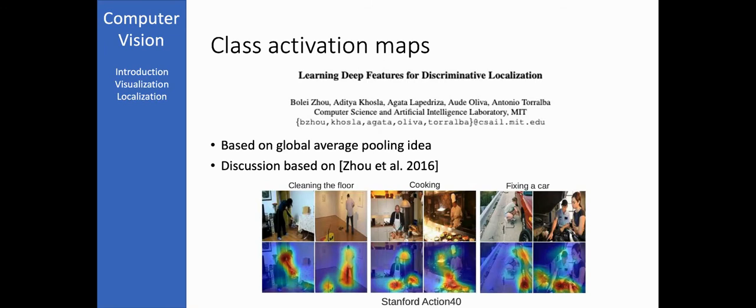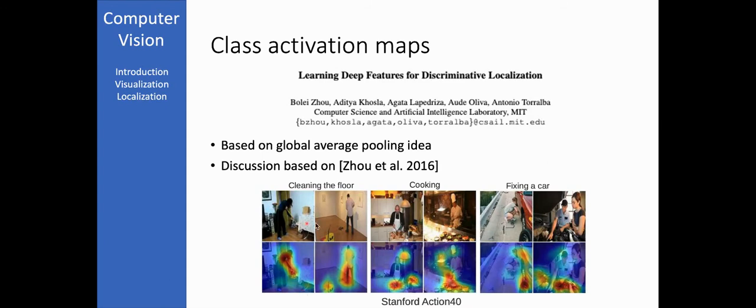But what we want to get at is, if I want to classify an image in terms of the action that's going on in the image, I want to be able to create maps such as these ones, where we see that in order to classify the image into the category of cleaning the floor, the network looks at these areas, or highly weights these areas in the image, to determine what's happening.